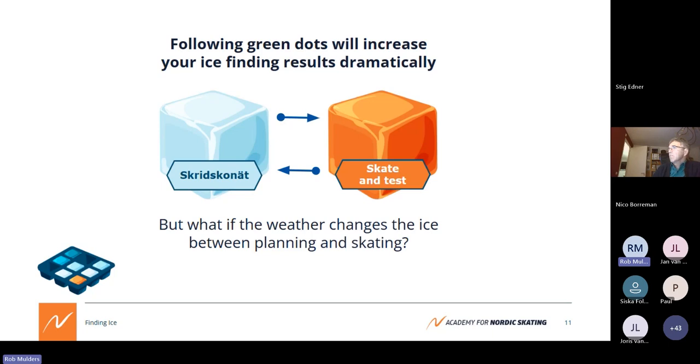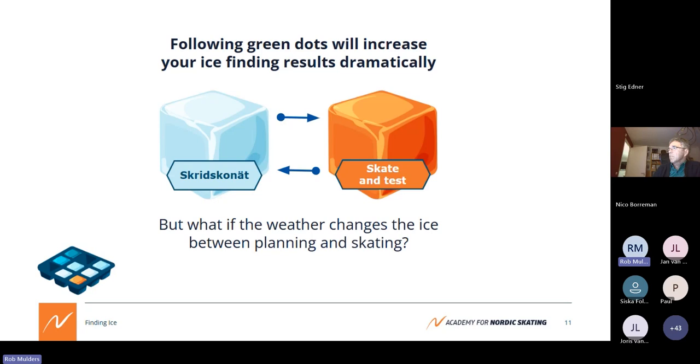You do your planning for a multi-day trip or for the next day within a multi-day trip. You open Skridskonet, you look at what happened today, and you decide, okay, we can do that tomorrow maybe as well. But of course, there is this challenge: what if the weather changes the ice between planning and skating?